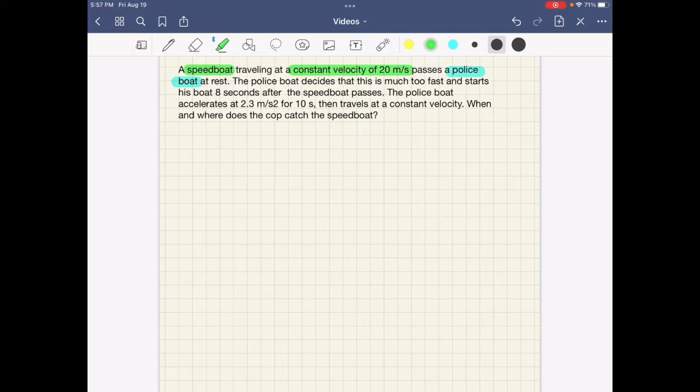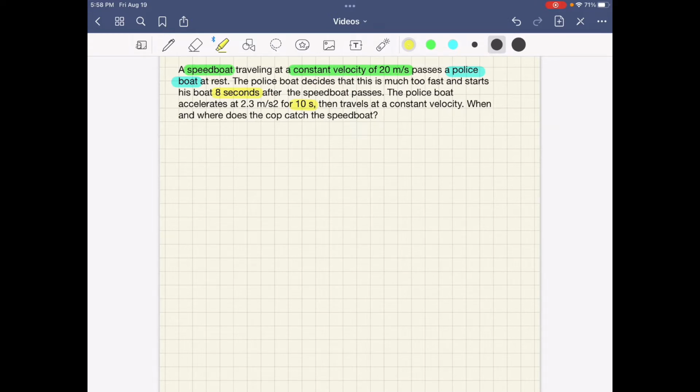Which is to say, although we can say, well, 8 seconds corresponds to this part of the trip, 18 seconds to this other part of the trip, there's really no exclusive time for the boat and exclusive time for the police, right? That's why I will highlight those in yellow, because that is for both, right? So 8 seconds and then 10 seconds. But we'll give meaning to those later.